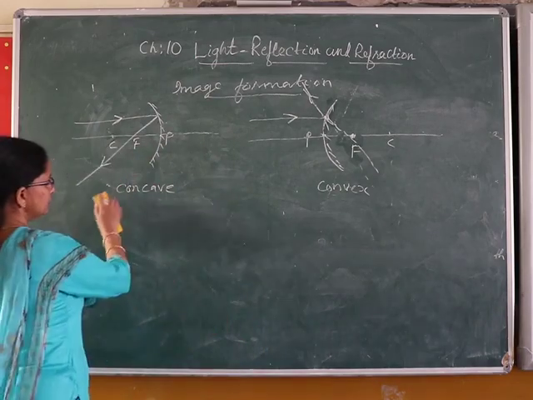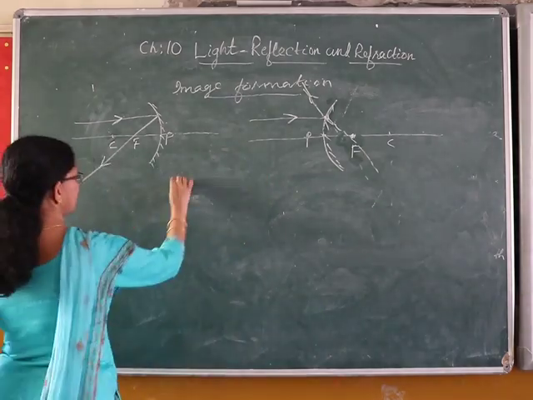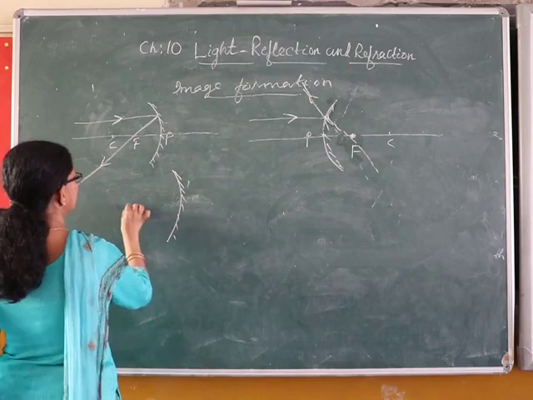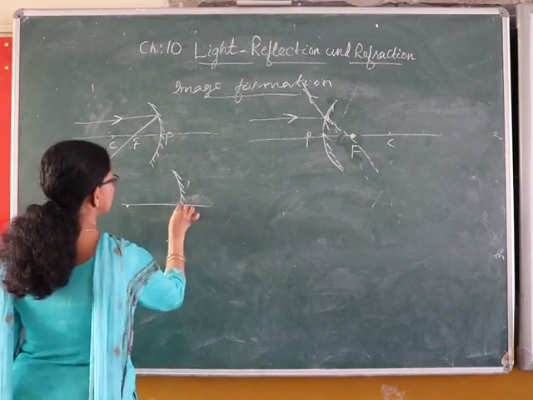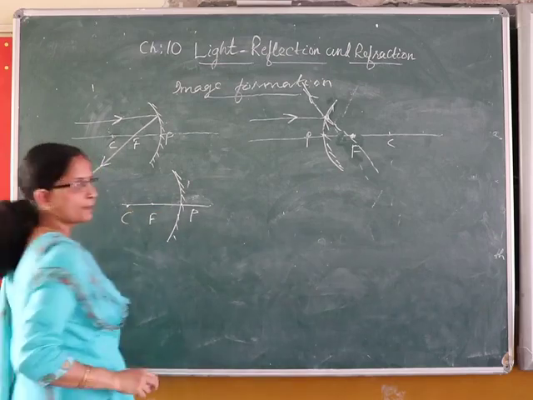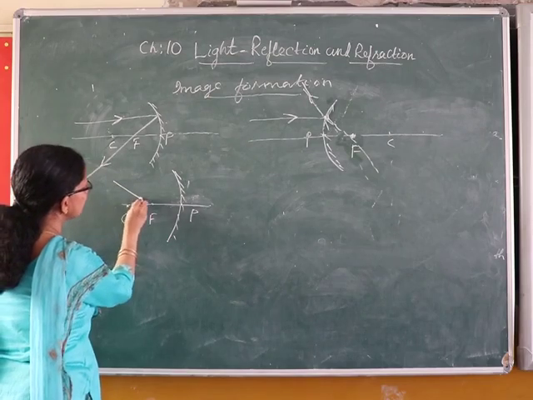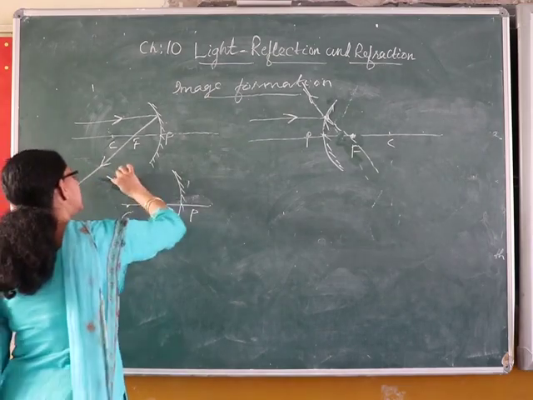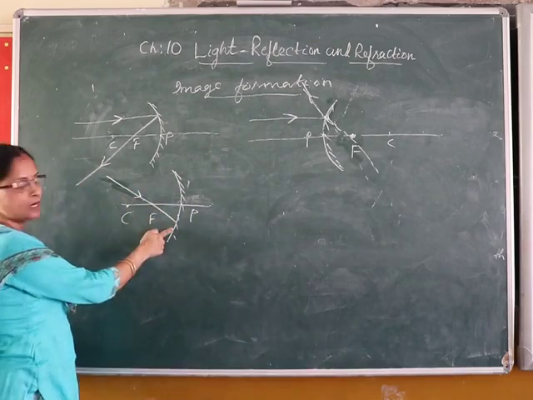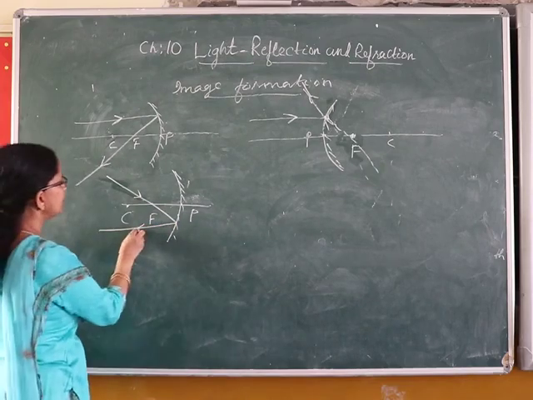Now, the second case is that if a ray strikes the mirror through the principal focus, after reflection the ray becomes parallel to the principal axis.